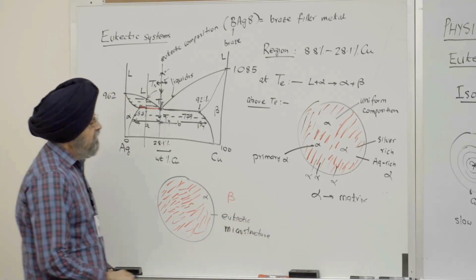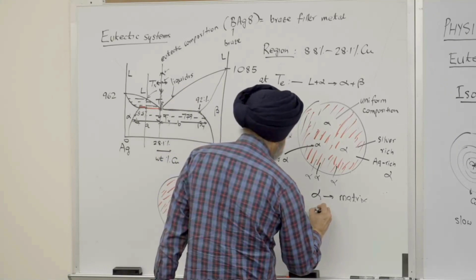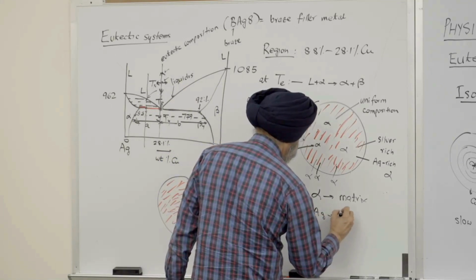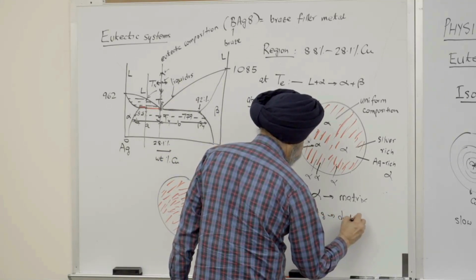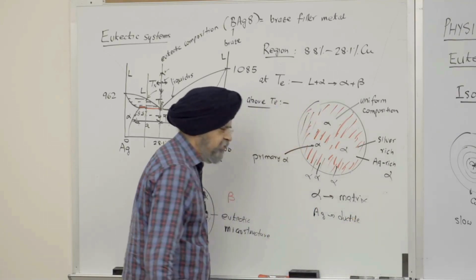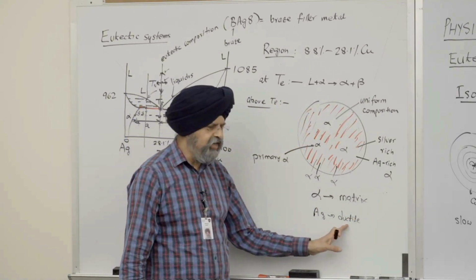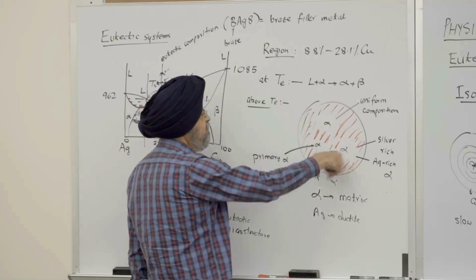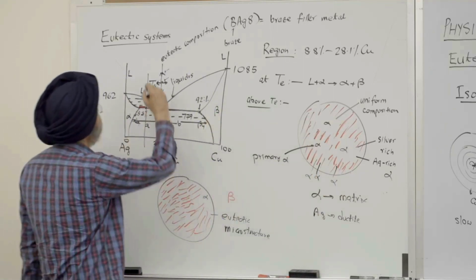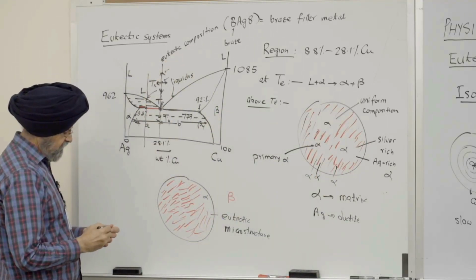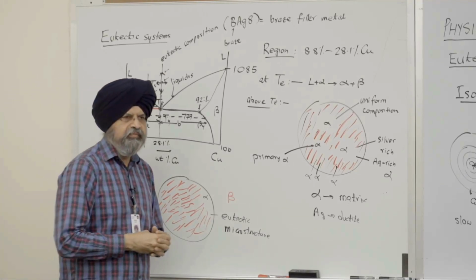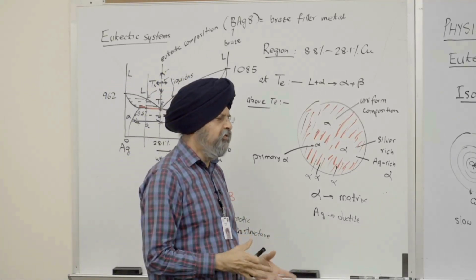So it turns out that silver is a ductile material. So you can shape it, you can roll it, you can beat it, you can hammer it, you can draw it. And being the matrix, this alloy is a ductile material. You can draw it into wire or sheet or whatever.